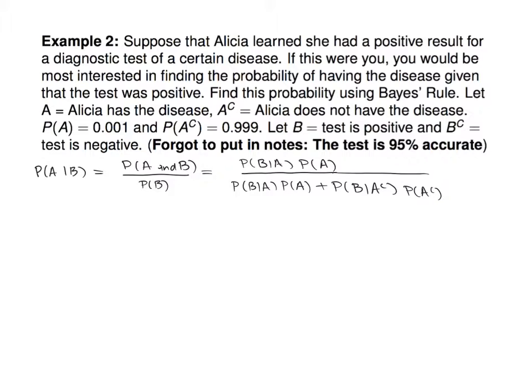So let's find, we know some easy ones. So we know P of A. And let's also discuss what that means. So A is that you have the disease, right? So the probability of disease is equal to what? 0.001. We also know P of A complement, right? Probability of no disease is 0.999. Okay.